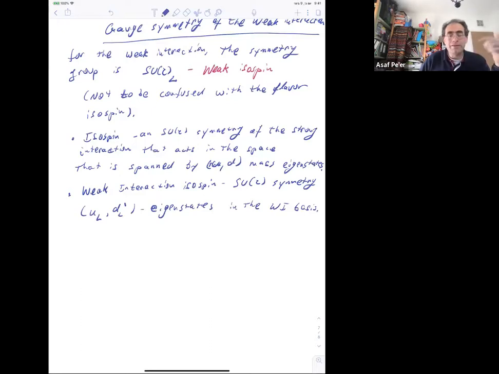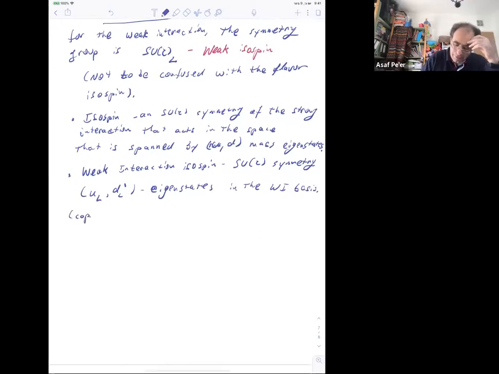Of course, the same symmetry is copied to the other spaces: c_L and s'_L, and then again t and b'_L. And of course, three more times for the leptons.